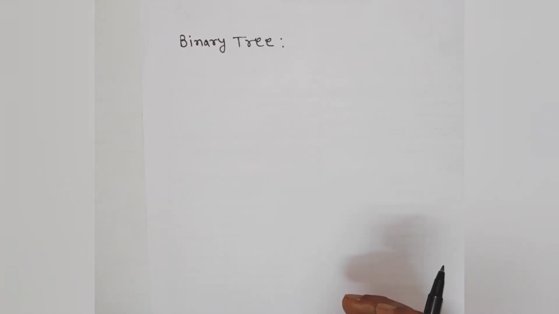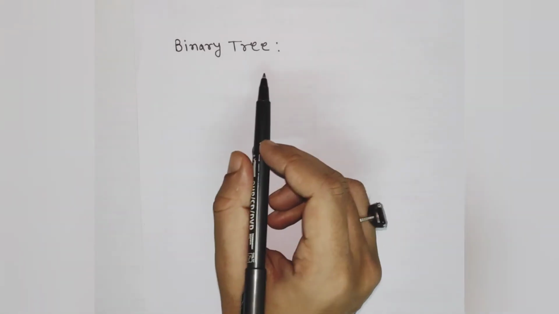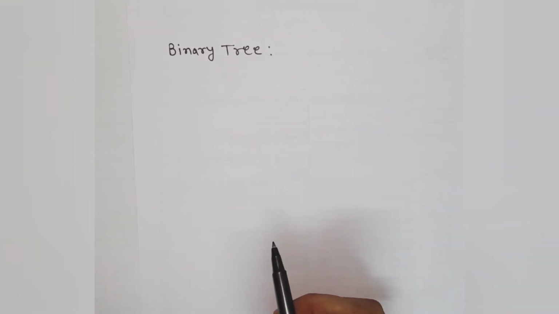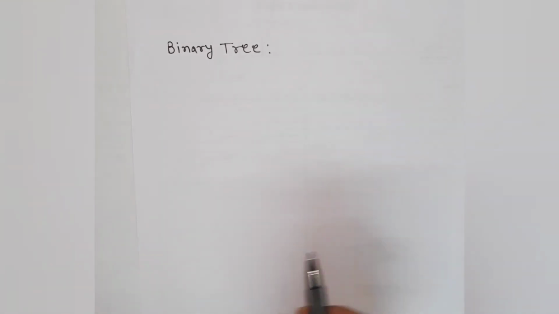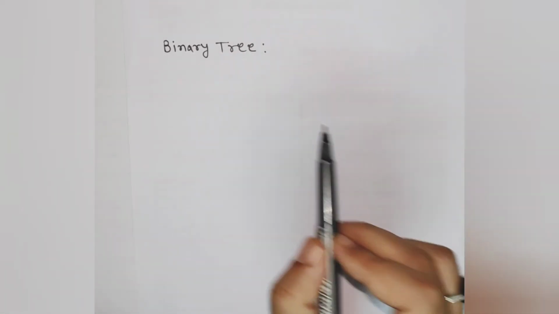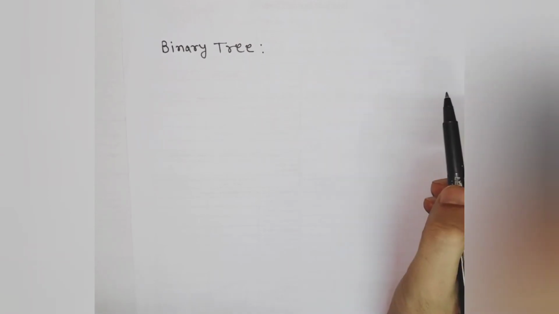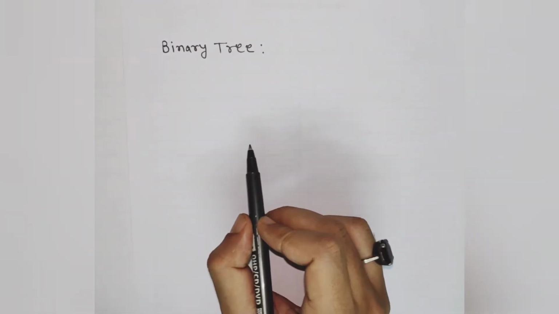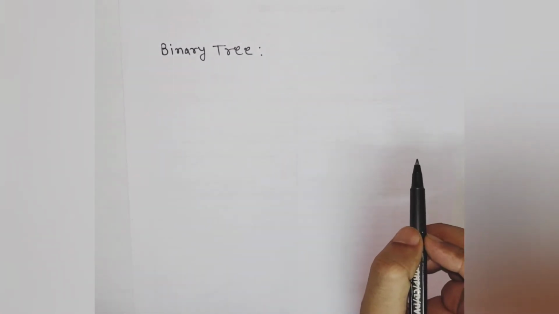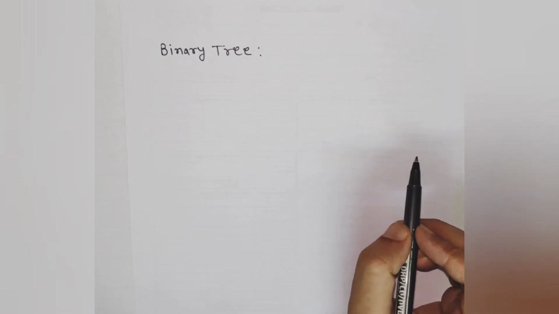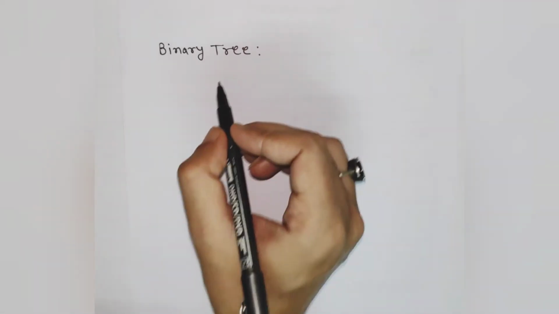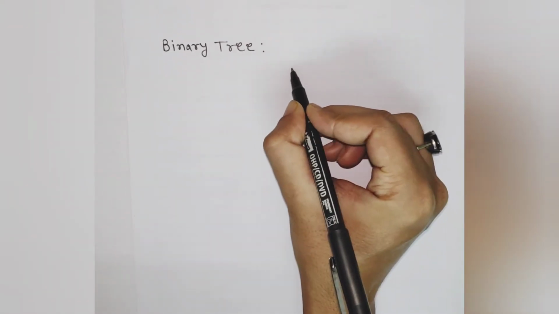Till now we have seen many useful terms in a tree. Now we will see types of tree. First is the binary tree. We have seen a node can have any number of children. But suppose we apply a restriction that every node can have 0, 1 or 2 children, or 0, 1 or 2 degree, then it is a binary tree. For example, suppose I draw a tree with this root node, left node 20, and right node 30.